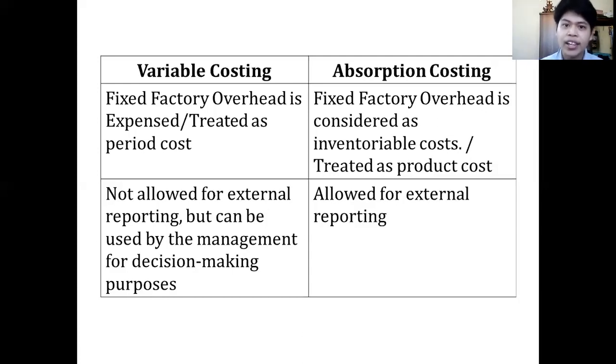Remember, the management is an internal user and can use this information for decision-making purposes. Meanwhile, absorption costing is allowed for external reporting. So in our financial reporting standards for inventory, we are using absorption costing.